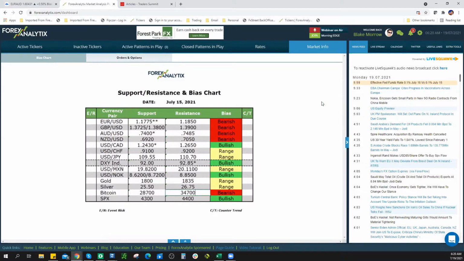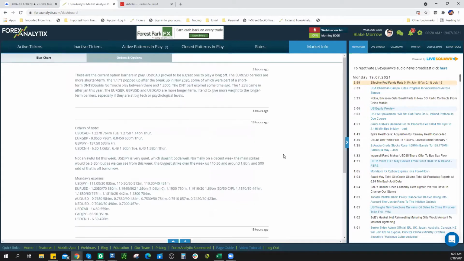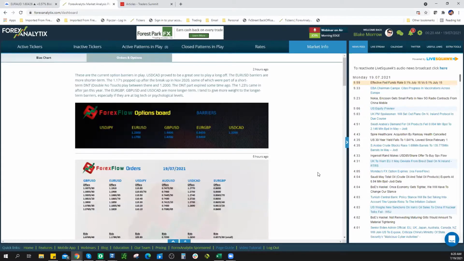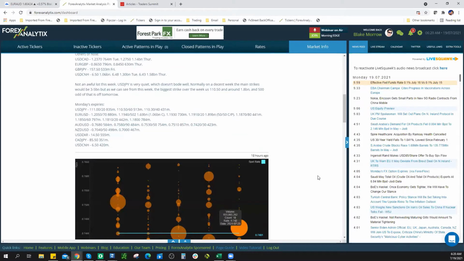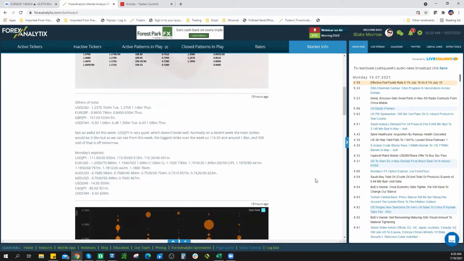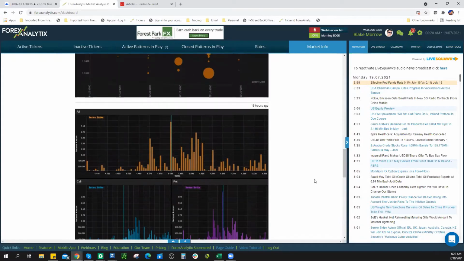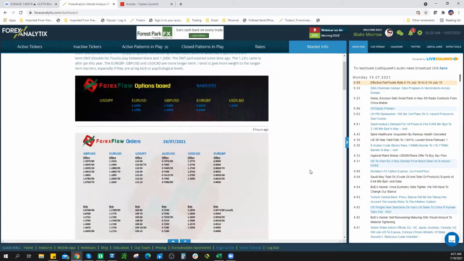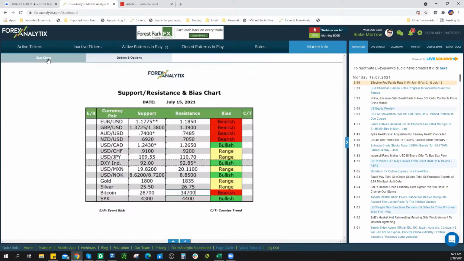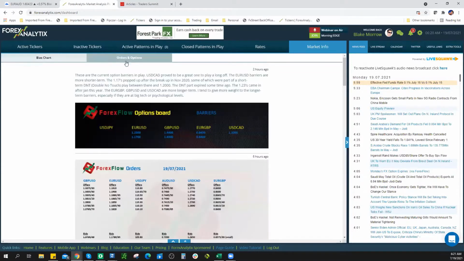Okay. Now, right over here where it says orders and options, this is where you're going to see all of the options barrier information and expirations. This is good information that Ryan and his team are posting. So you have the bias chart and the orders and options. Just keep that in mind.